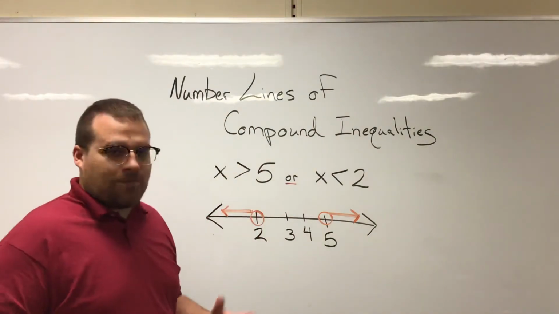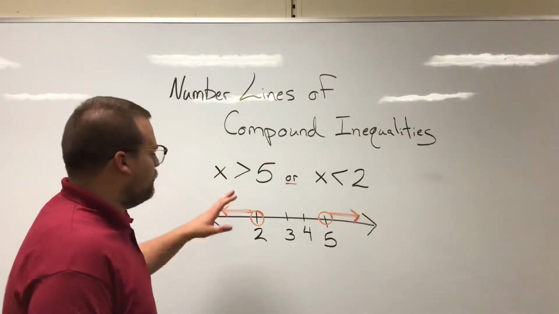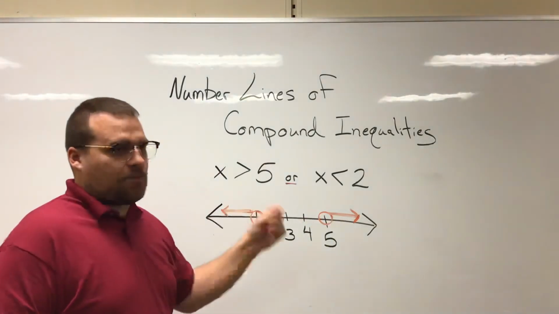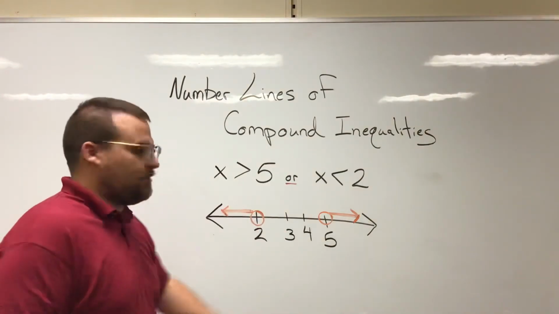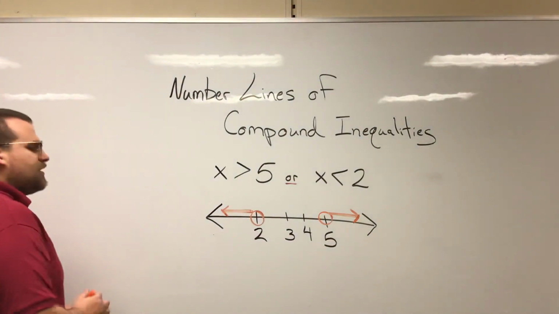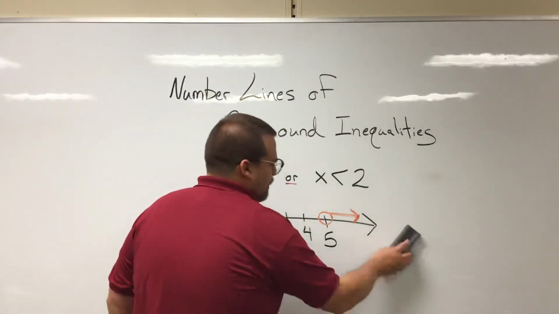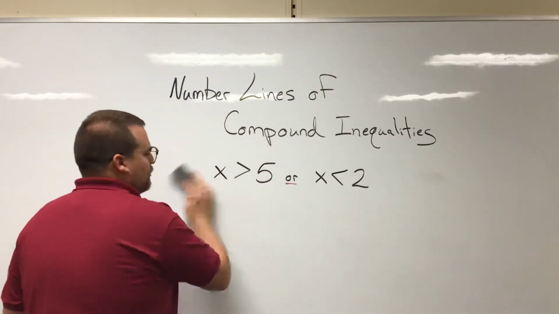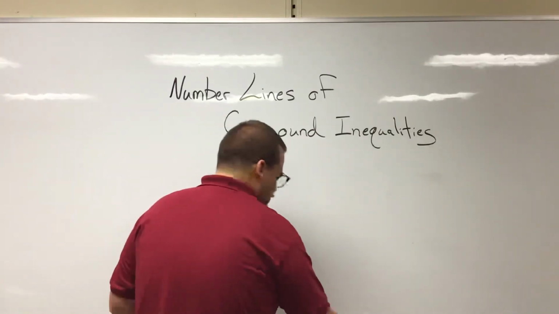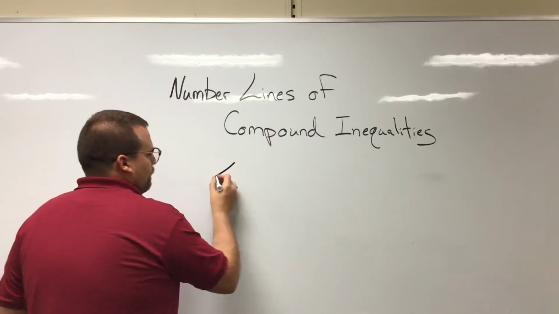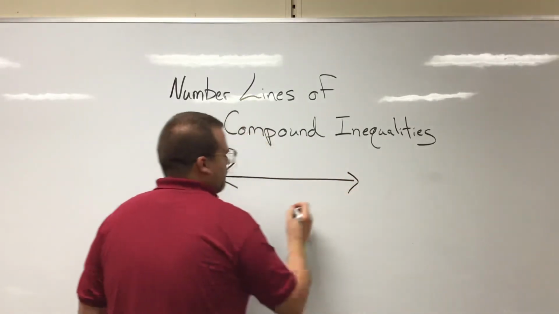This is another type of compound inequality, like I said, with that interval that it can't be as opposed to the interval that it must be. Let's do an example of these from the point of view of just getting the number line and writing the inequality from it. So let's say we have our number line here.